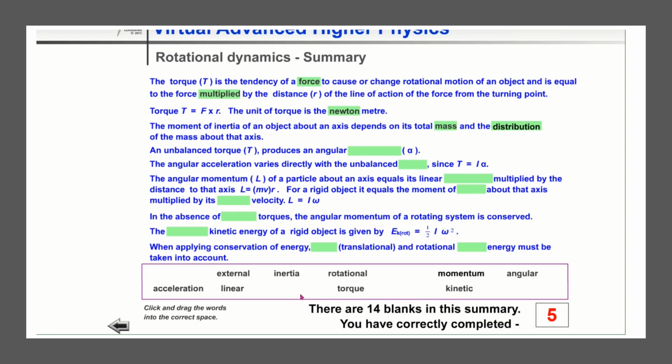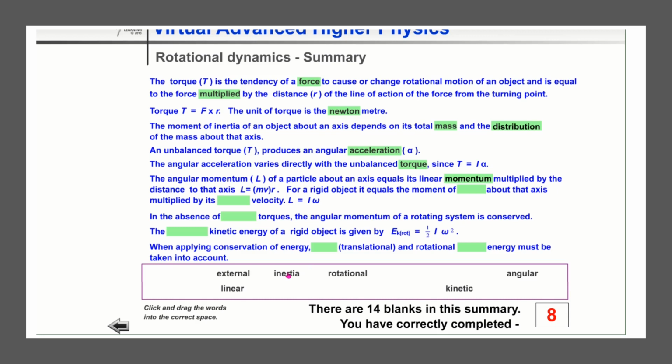An unbalanced torque produces an angular acceleration, alpha, and the angular acceleration varies directly with the unbalanced torque, since T equals I alpha. The angular momentum L of a particle about its axis equals its linear momentum multiplied by the distance to that axis.